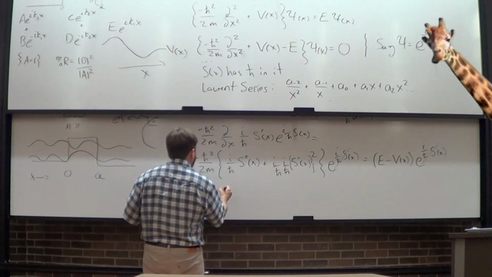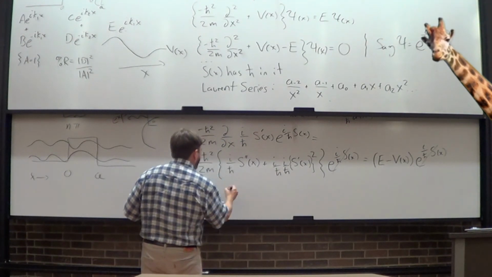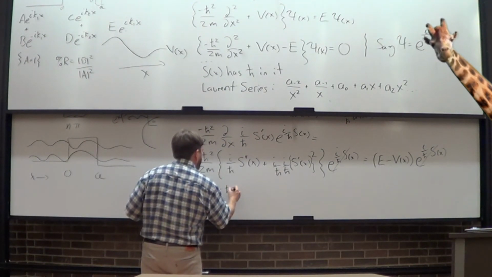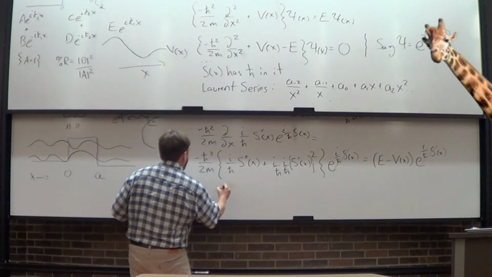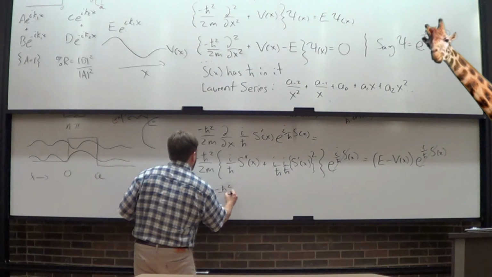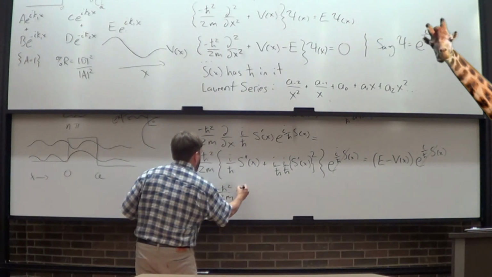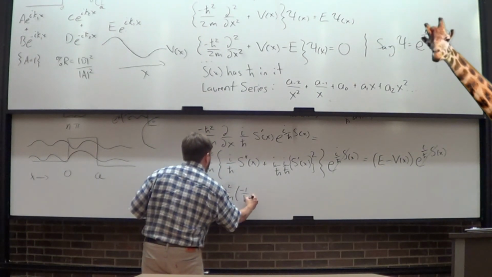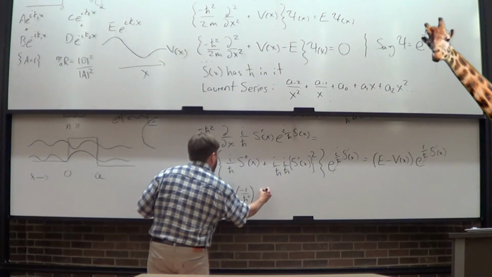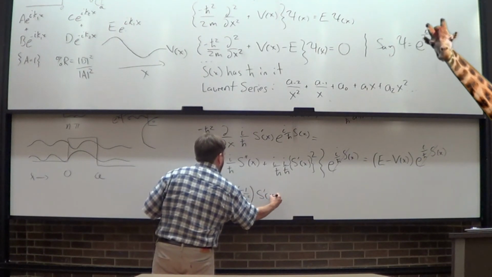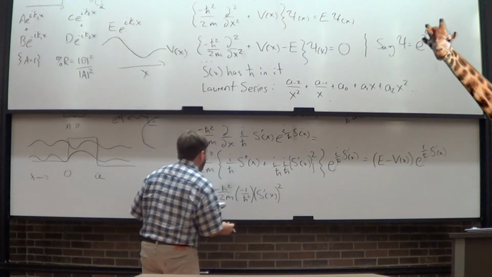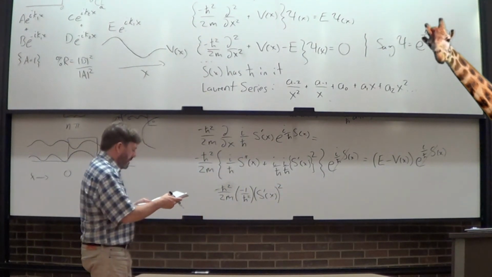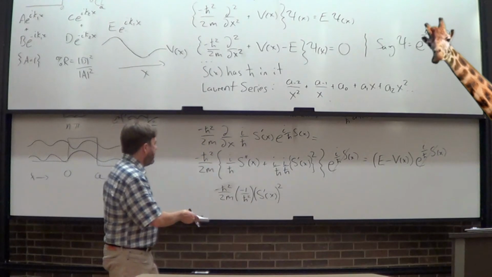I've got minus H bar squared over 2m times minus 1 over H bar squared S prime of x squared, right? So that ends up being plus 1 over 2m S prime of x squared.